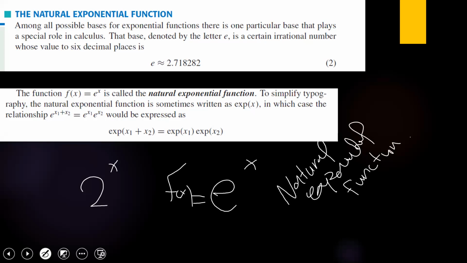If you have an exponential function, but the base here is not a constant number, it is an e, so we call it a natural exponential function.